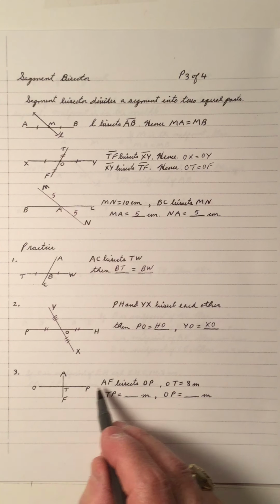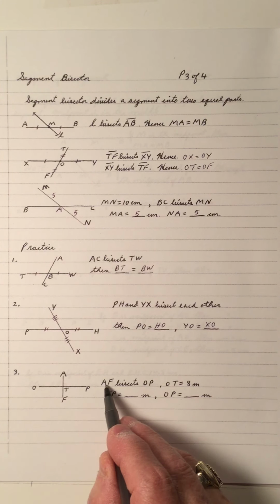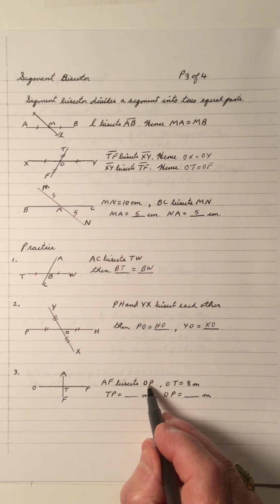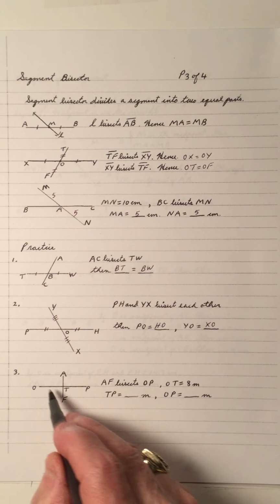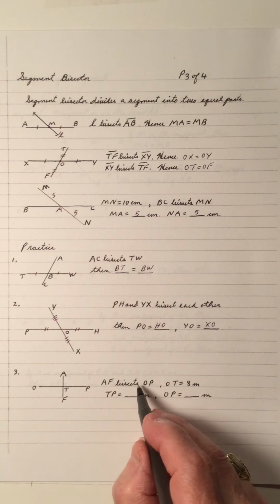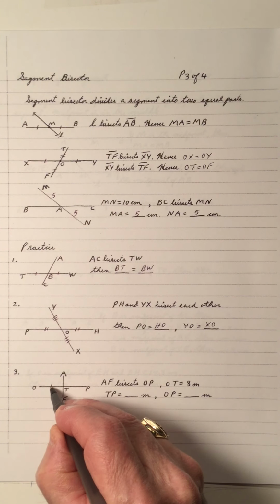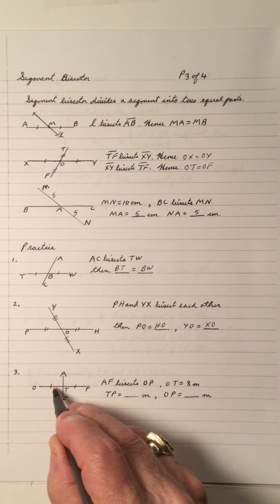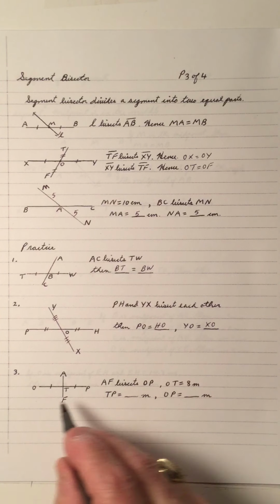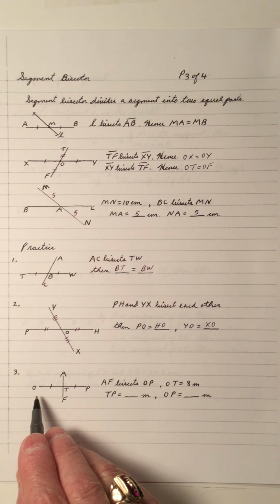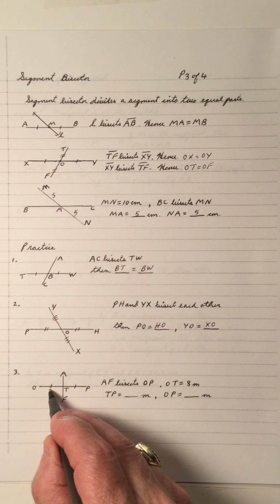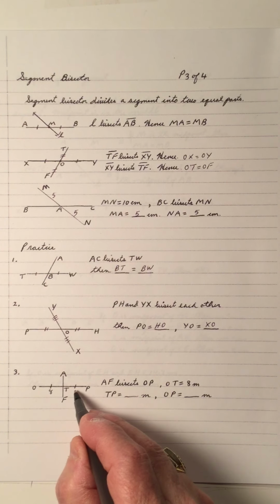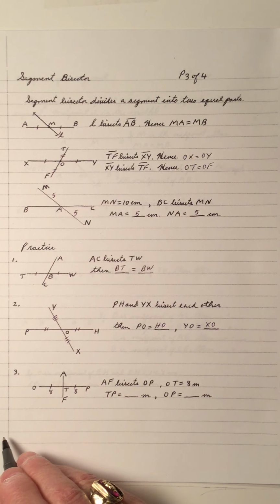Number 3 is AF bisects OP. So AF bisects OP. That means OP is cut in half. So that means that these two segments are equal. So if OT is 8 and they are equal, that means that TP is 8.